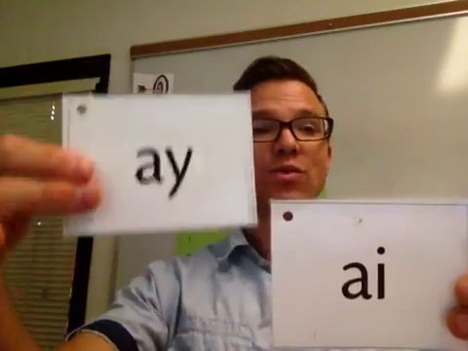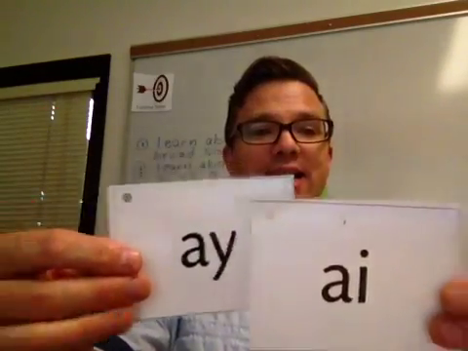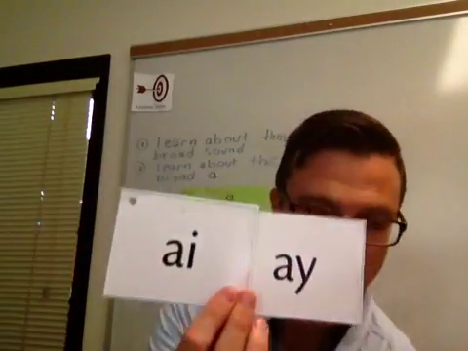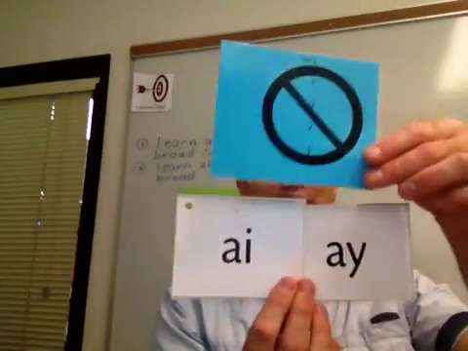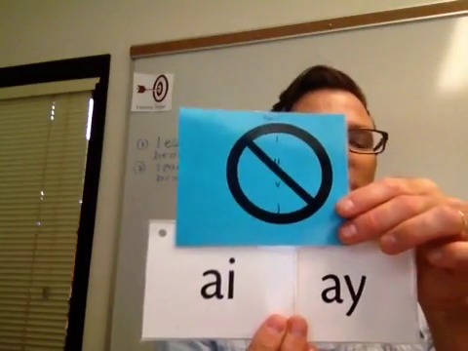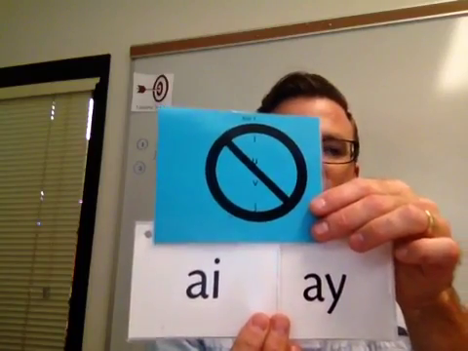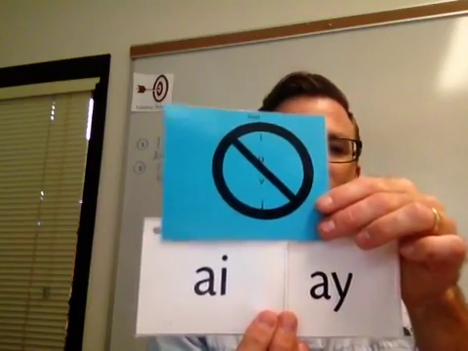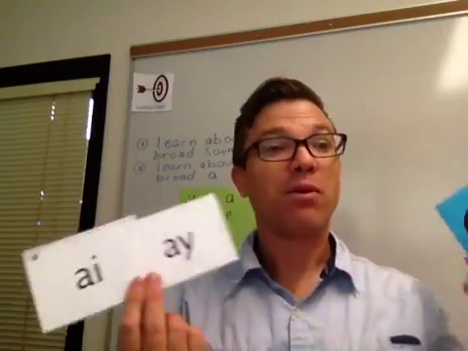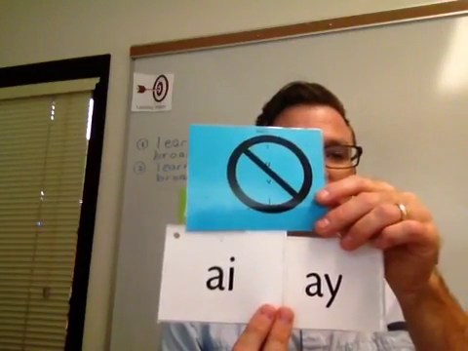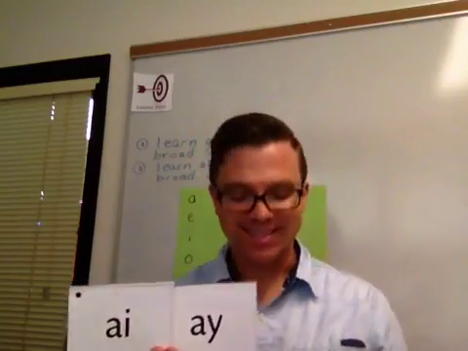Yeah, one ends in a Y, one ends in an I. And I'm actually going to switch it, because this will help us when we think about our rule. Let me put up the blue rule. So, think about it. Which one of these cannot be at the end of English words? This one. But why? Because it ends in I.